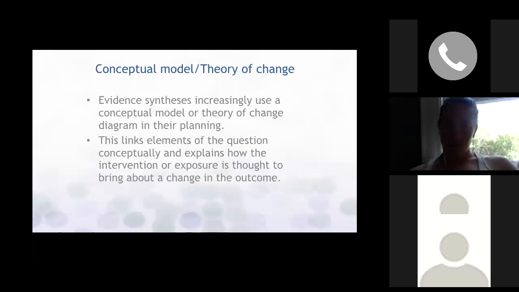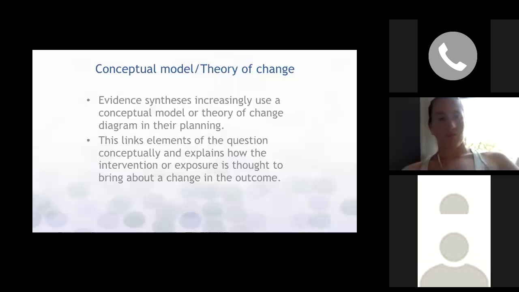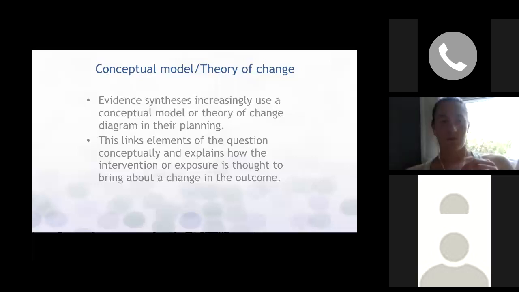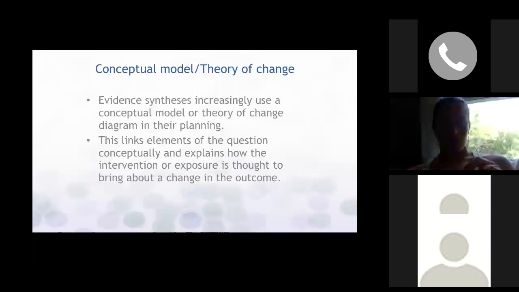And what this allows you to do is outline the assumptions that underlie the pathways between doing something and an intermediate outcome, and then maybe a secondary outcome, and then your desired outcome at the end. But it allows you to be very specific about how you think the exposure or the intervention is going to bring about change.